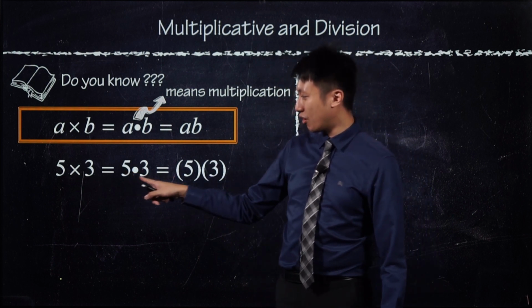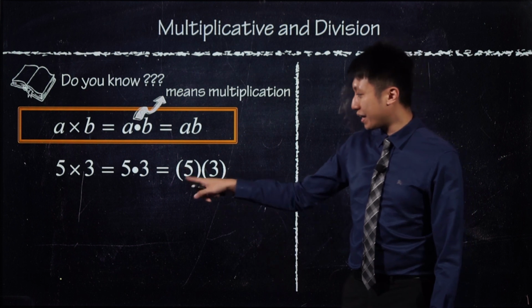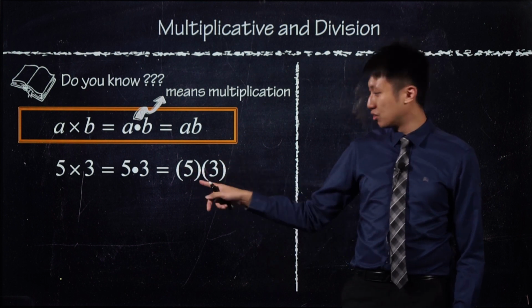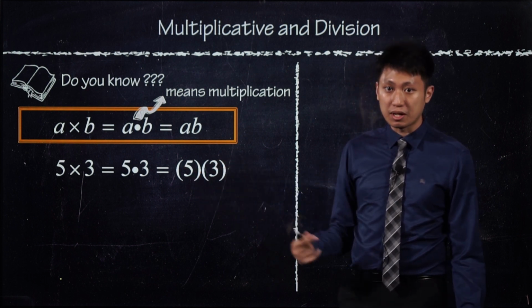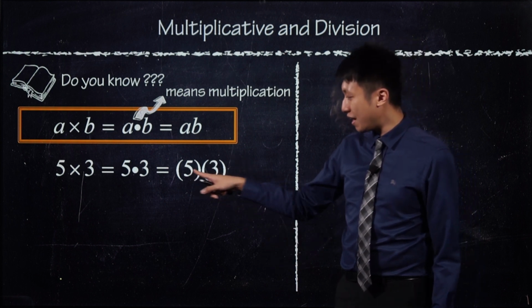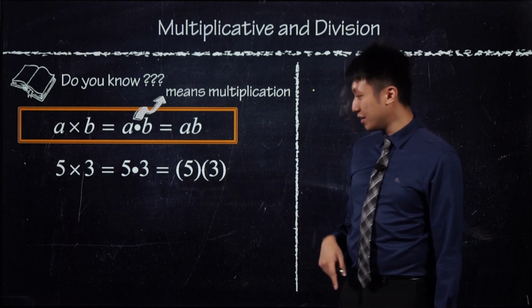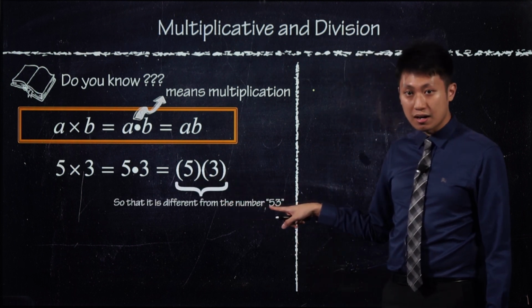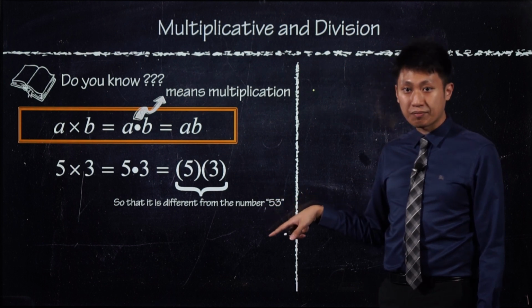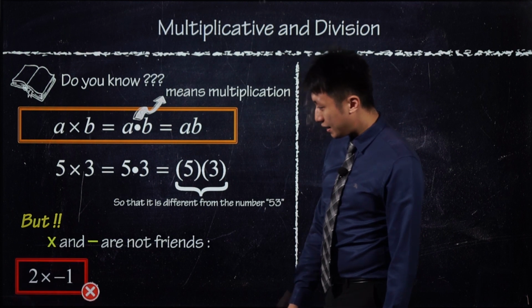You write 5 dot 3. You can also write bracket 5 bracket 3. Brackets actually mean multiplication. If you don't do anything in between, it means multiplication. But for this case, you would not use 5, 3 right together. Why? Because if you write 5, 3, it will be confused with 53.